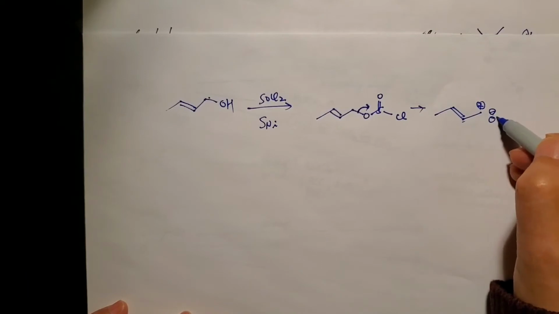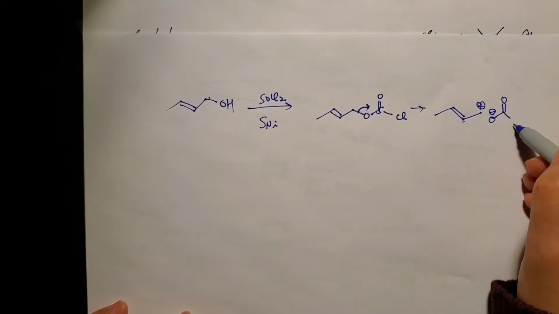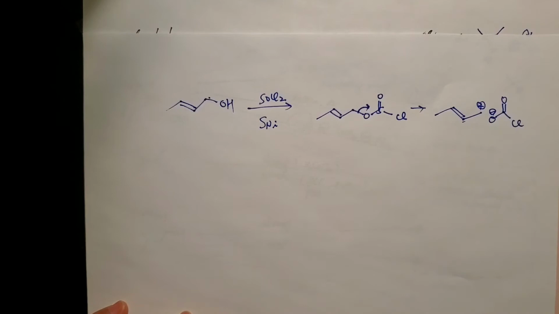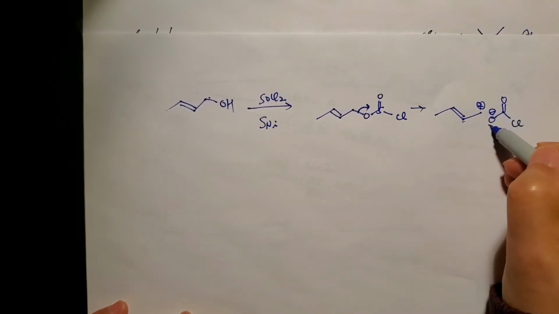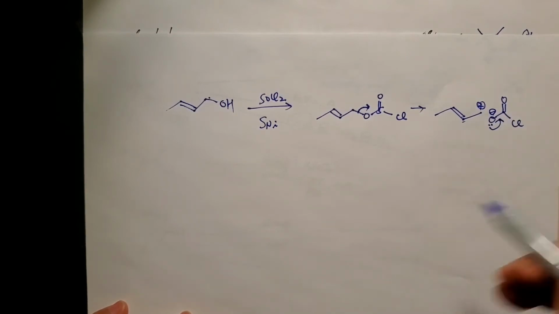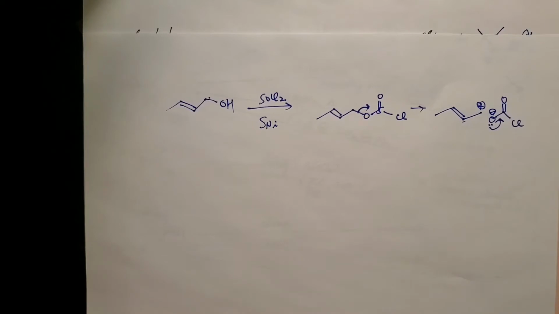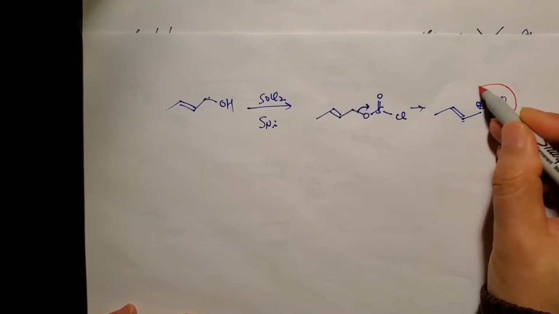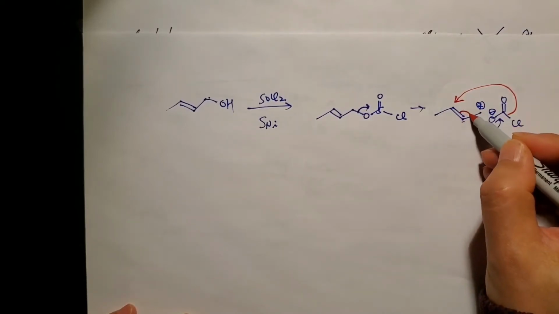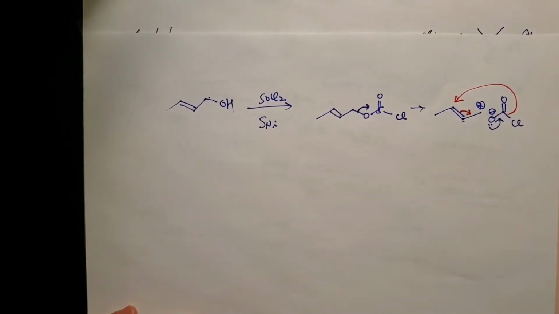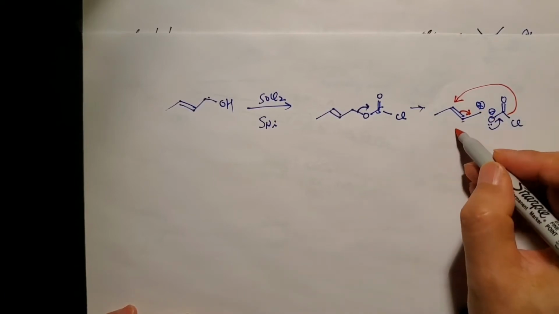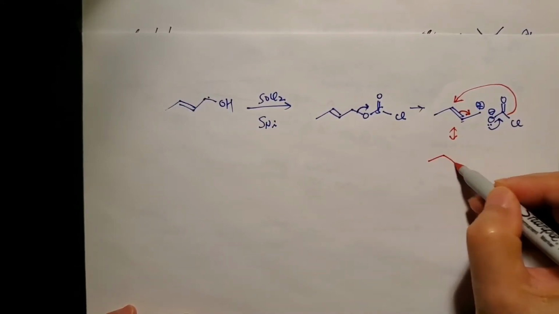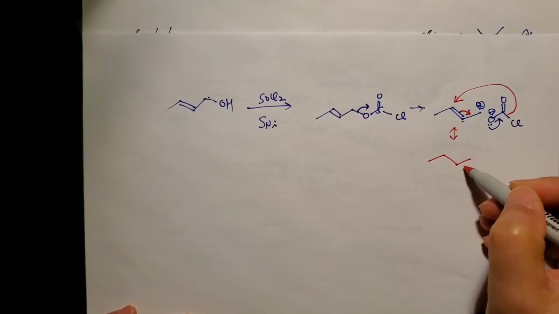Then in the solvent cage, they stay like this, but when they break apart, the chlorine is now attacking there to push electrons here. Or you can think of it as they could have a resonance.